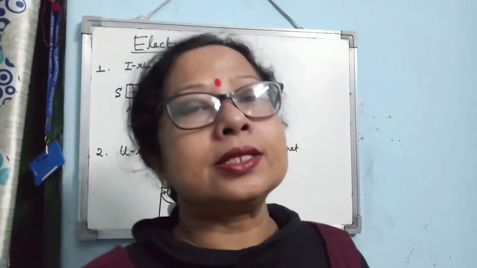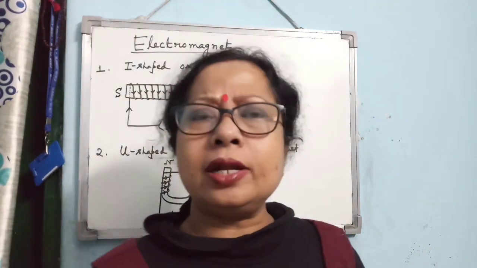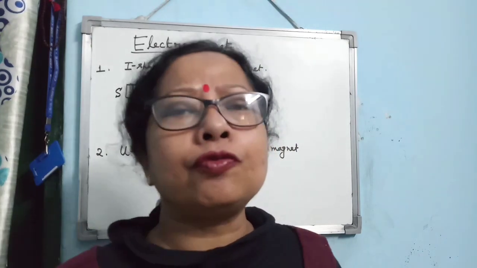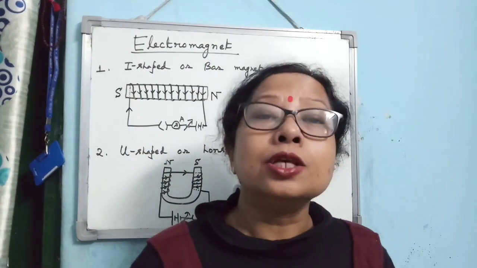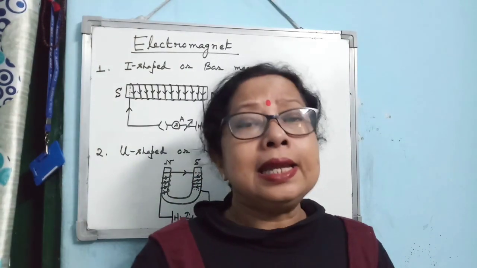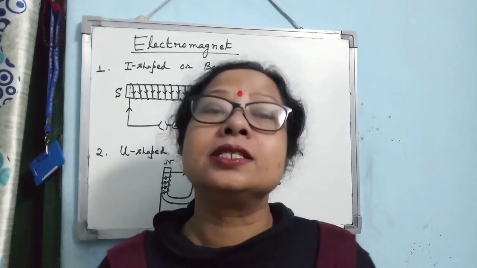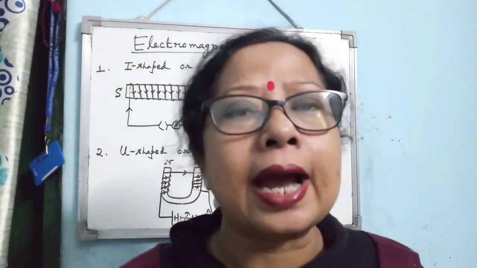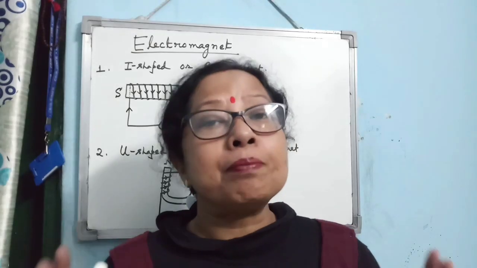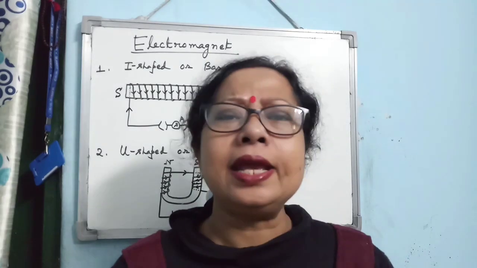What are the differences between an electromagnet and a permanent magnet? This point is very easy. All of you know it from junior classes, so I am just repeating the topic point-wise. The first point is that an electromagnet is made up of soft iron and a permanent magnet is made up of steel. This is a very important point.